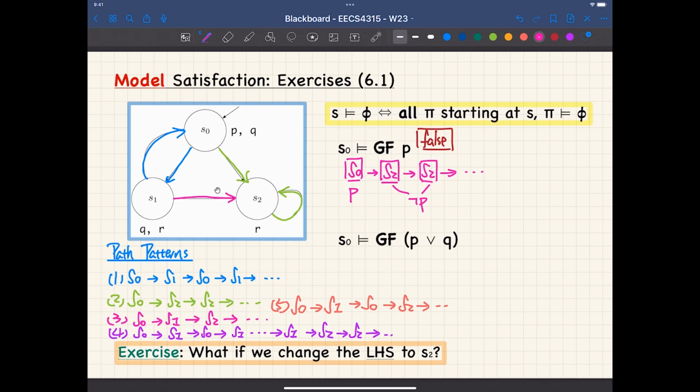So it's not infinitely often. All right? So that's false. All right, this one's easy. How about this one over here? Is it infinitely often the case that we satisfy either P or Q?